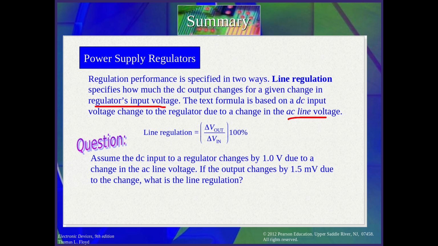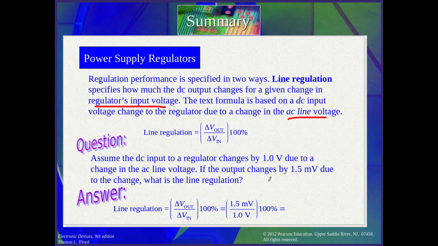So if we have a question here, we have a change of 1 volt due to the AC line, and now the output changes by 1.5 millivolts due to this change. So the line regulation is very easy, you just divide 1.5 millivolts over 1 volt, so it is 0.15.